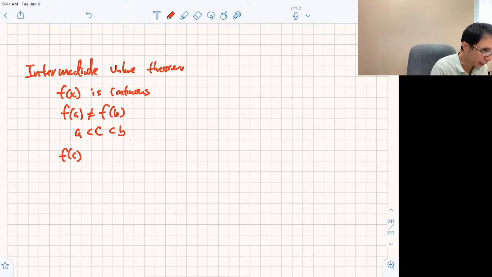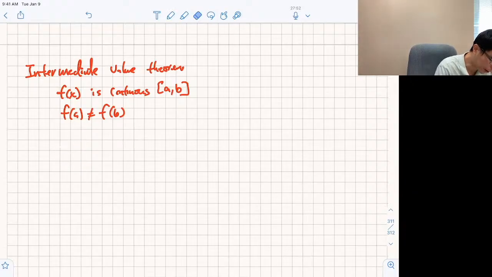Okay, so f is continuous on the closed interval between a and b. f of a does not equal f of b. And k, we're going to say k is between f of a and f of b.